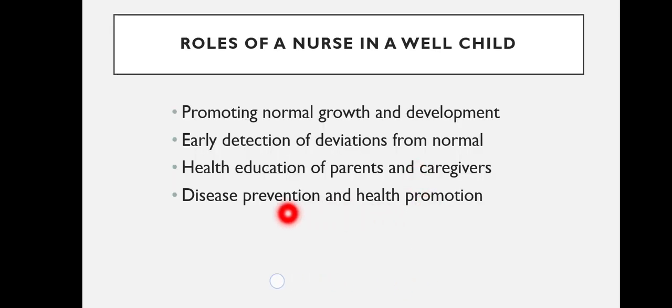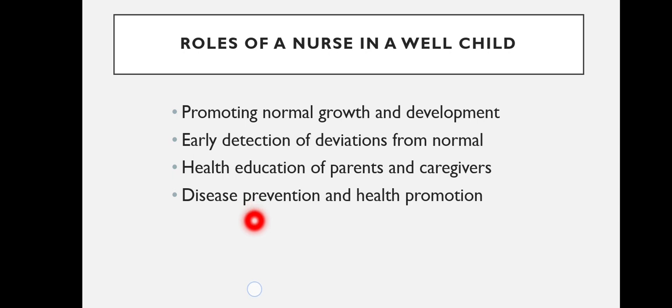Because we look at disease prevention, there are a lot of diseases that can be prevented. Most of the time, statistics have shown that most of the children in rural areas die from preventable diseases. Diseases like malaria, diarrhea, dysentery, those are preventable diseases.